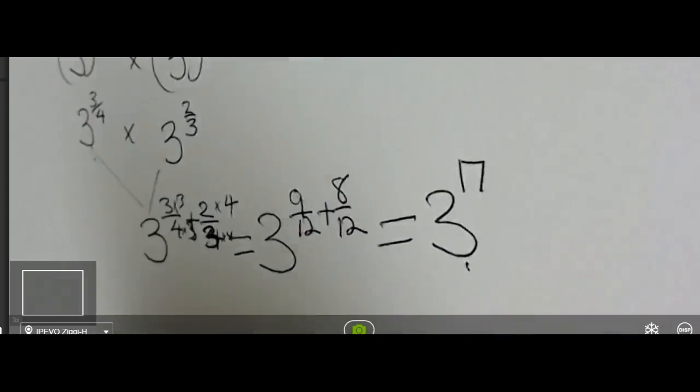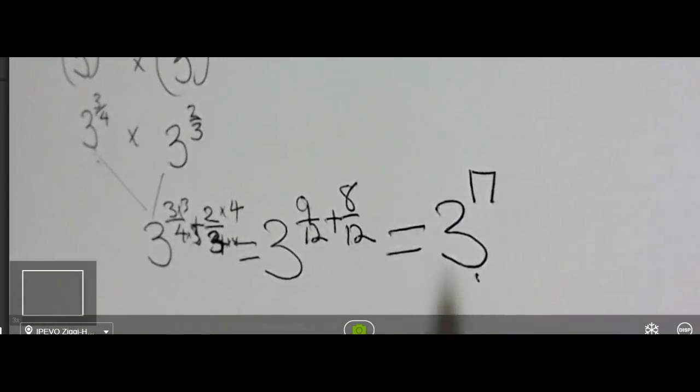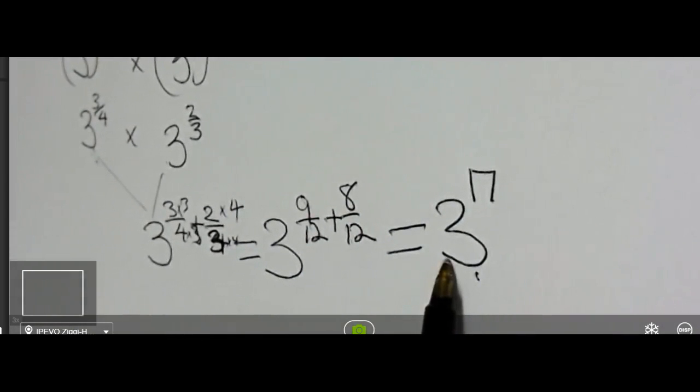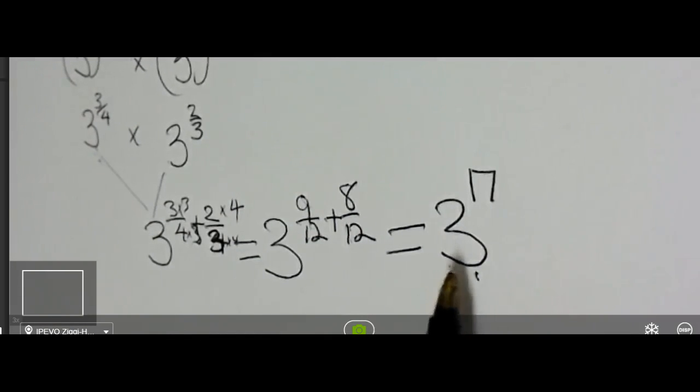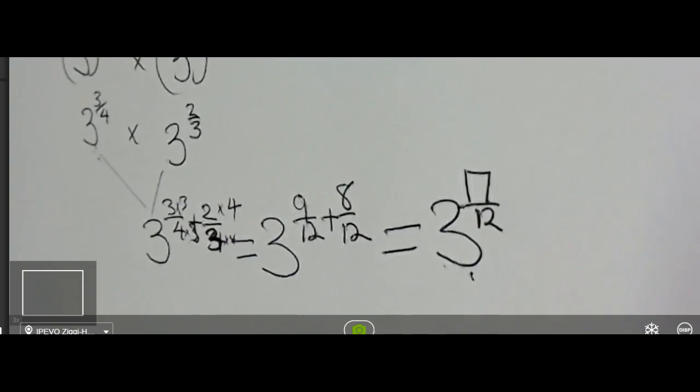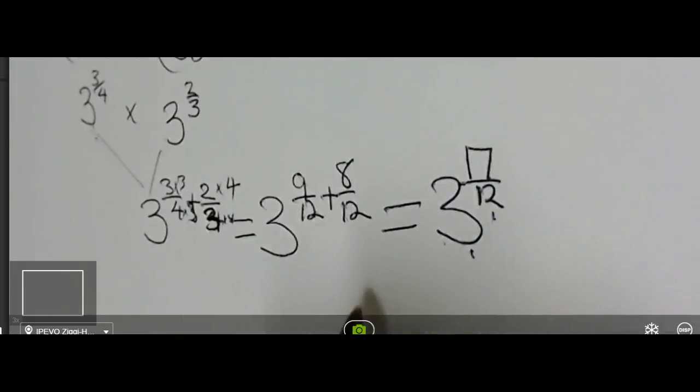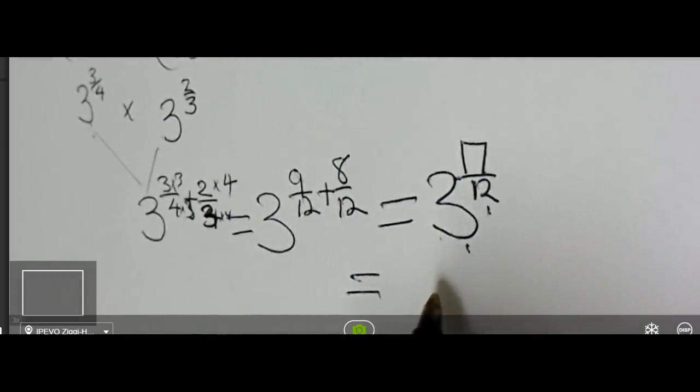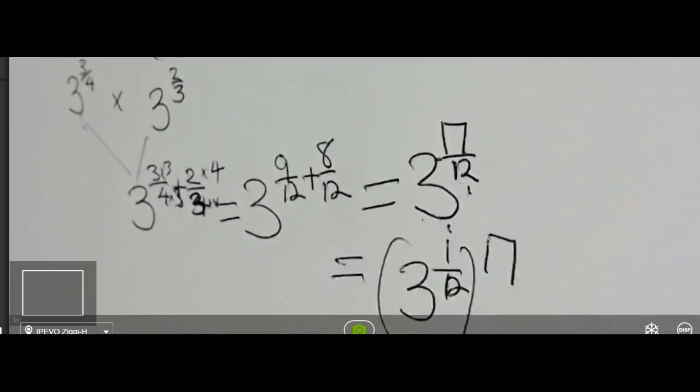Now, what else can we do? Maybe change it back to radical. All right, changing this back to radical is going to be, of course, 3 to the power 1/12 times 17.